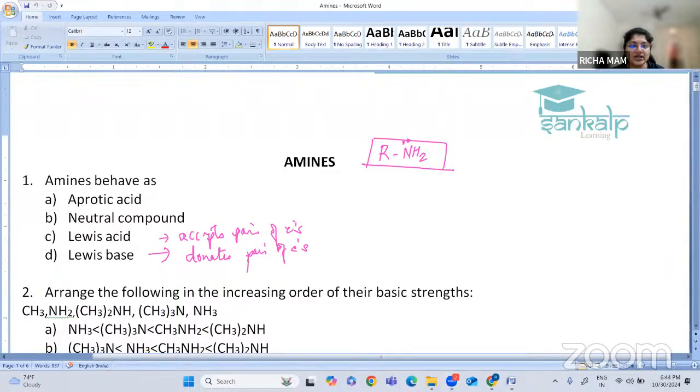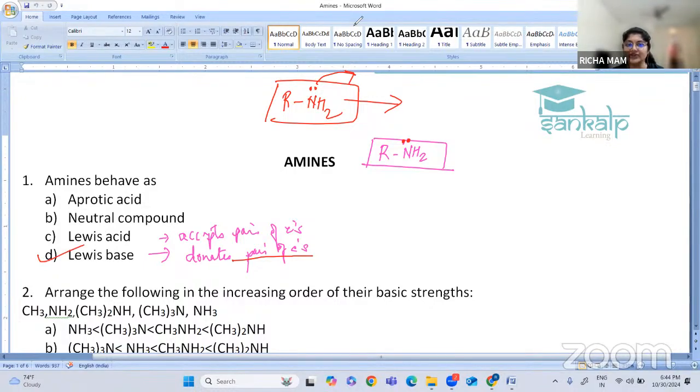Which is the answer now? How do amines behave? When we see the structure of amines, the nitrogen consists of a lone pair of electrons. So amines are capable of donating a pair of electrons, and donating a pair of electrons means they act as a Lewis base.